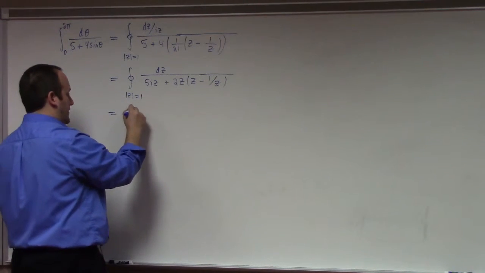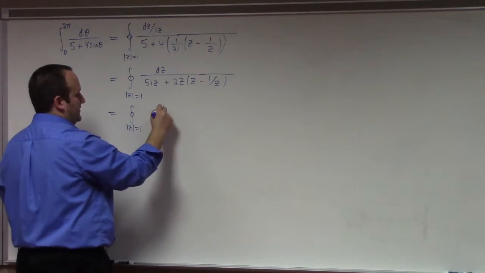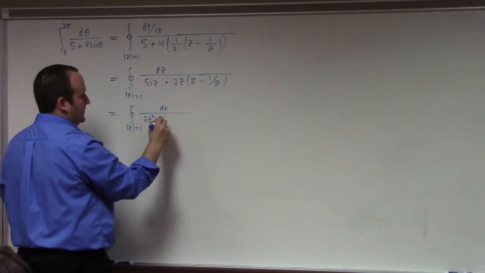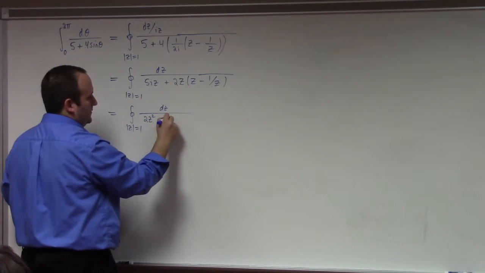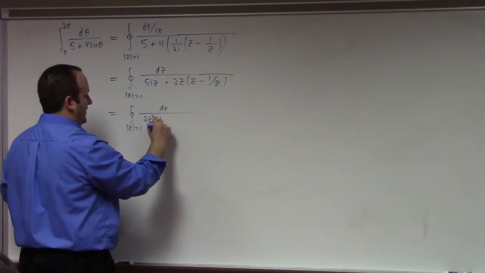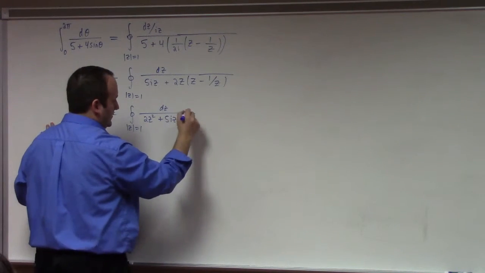Let's finish cleaning that up. This is the integral over |z| equals 1 of dz over 2z squared minus 2. Oh, these just cancel and give me the minus 2. I should probably write the plus 5iz minus 2.